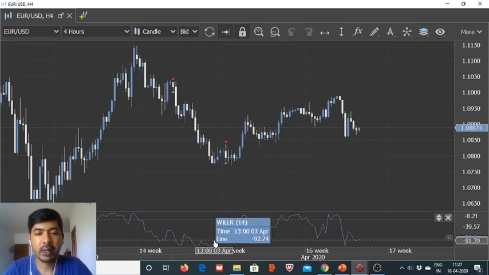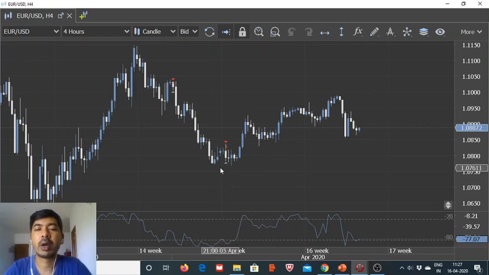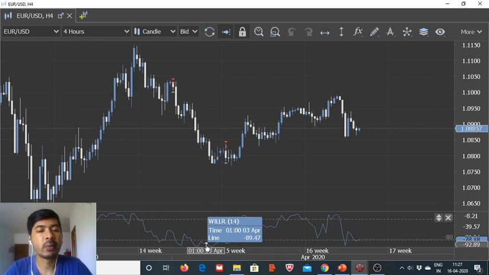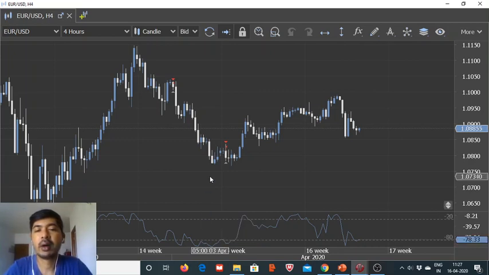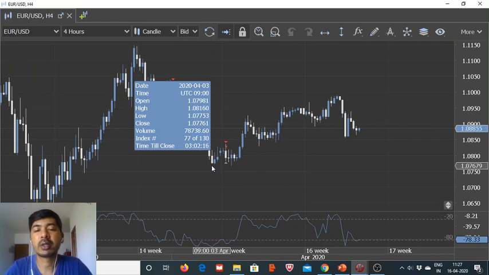Then immediately, just prior to the execution of the trade, we want the last 4 hourly candle to have closed in green, and 4 candles prior to the last candle should have closed in red with the losses amounting to more than 100% of the ATR.